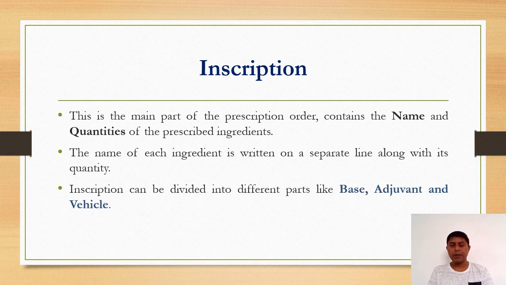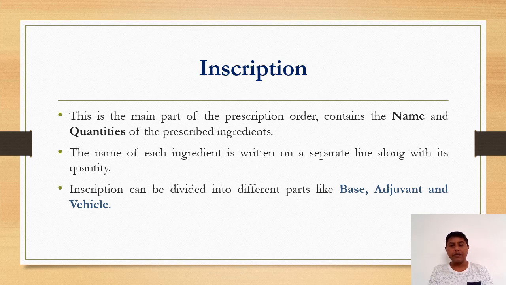The next part of prescription is inscription. Inscription is the main part of a prescription, which contains the names and quantities of the prescribed ingredients. The name of each ingredient is written on a separate line along with its quantity.